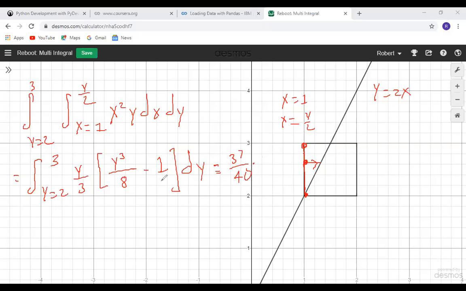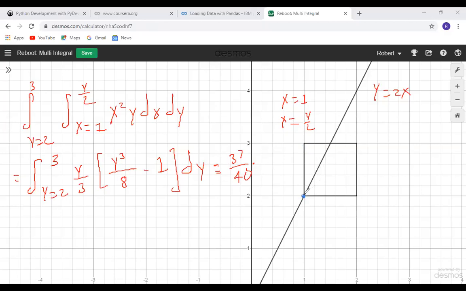Now notice when we computed this integral, we had the x integral on the inside and the y integral on the outside. But we could just as easily have done it the other way, or perhaps not just as easily, but theoretically just as easily. We could have done it with the y integral on the inside and the x integral on the outside.